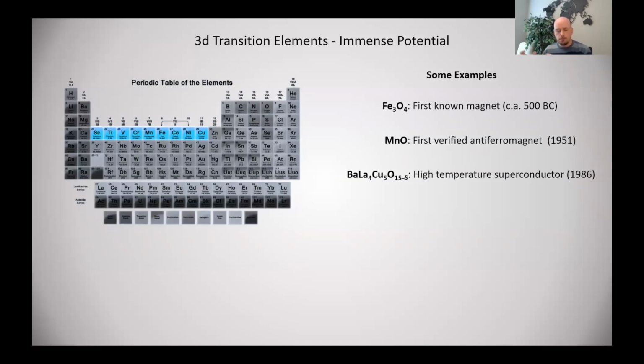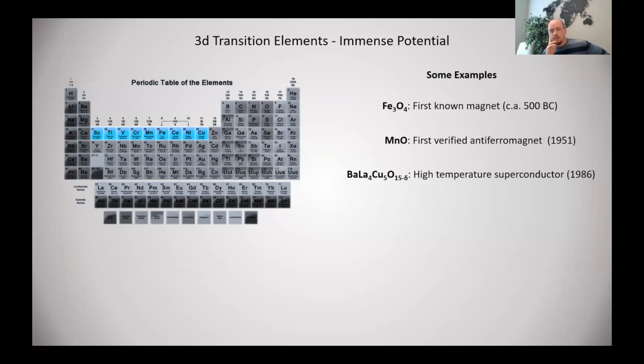You would feel this strange force between different objects. This was Fe3O4, now known as magnetite, then known as lodestone. It was discovered about 500 BC. So our first known magnet was based on iron, which is one of these 3D transition elements.